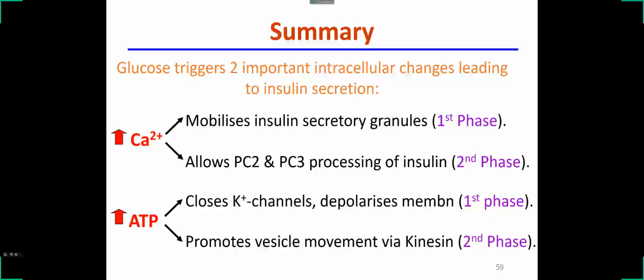This will then close the potassium channels and drive that depolarization event for the first phase of secretion, and eventually promotes vesicle movement by providing an energy source for kinesin to then drive that second phase of vesicle movement.